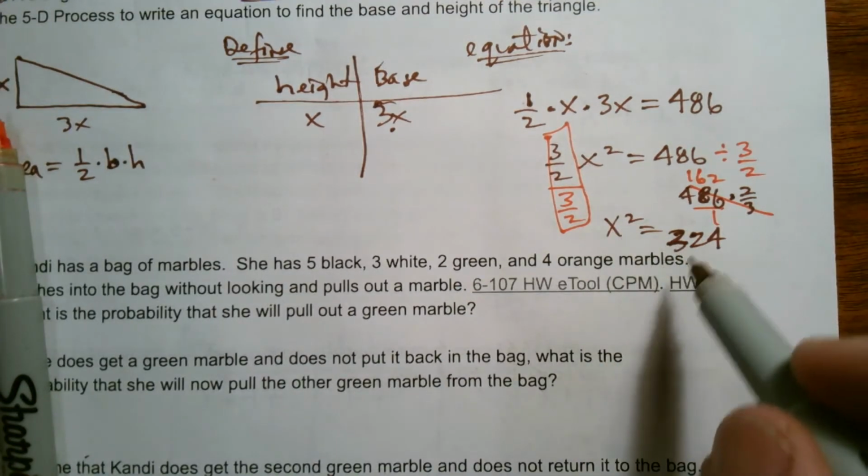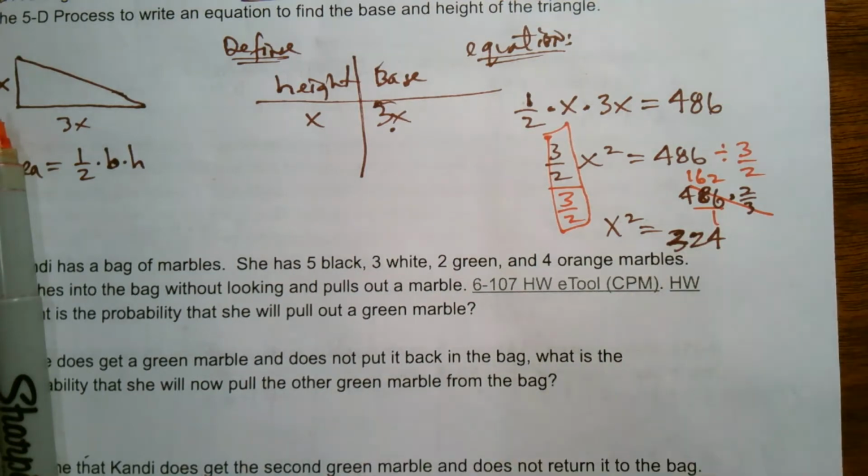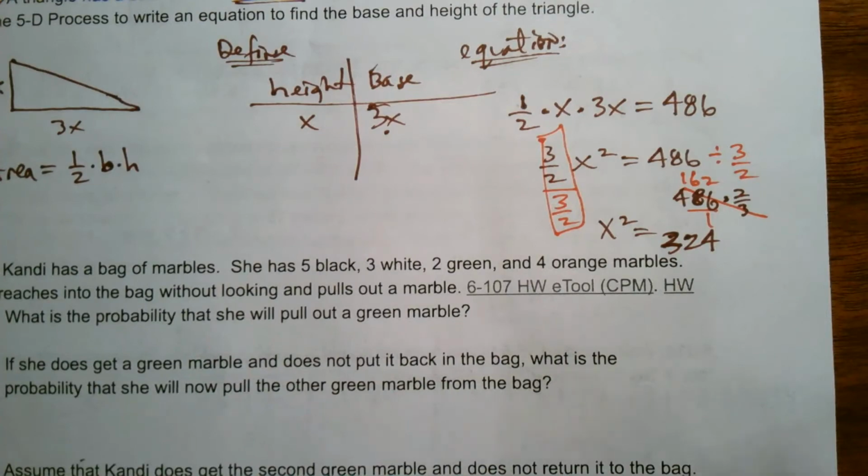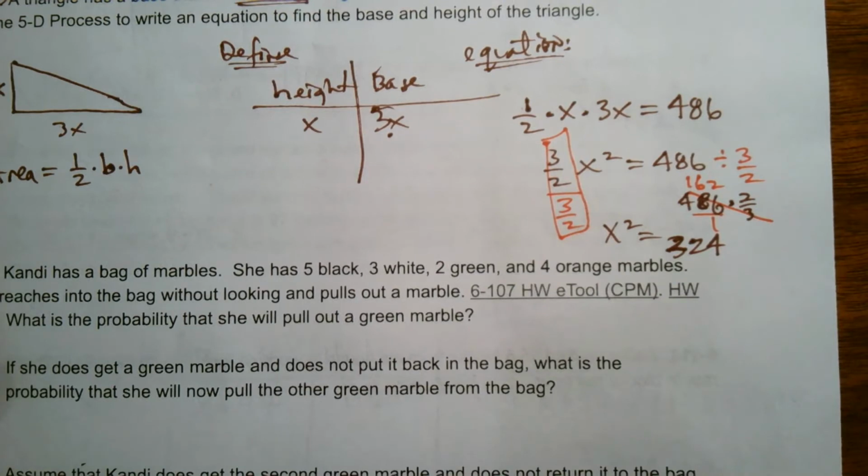So what times what is 324? That's a bigger number to have memorized for perfect squares, but I'm looking for two numbers that multiply to be 324. I could sit there and play around with what times what. Let's see. So I end in a 4. Let's try 16 times 16.